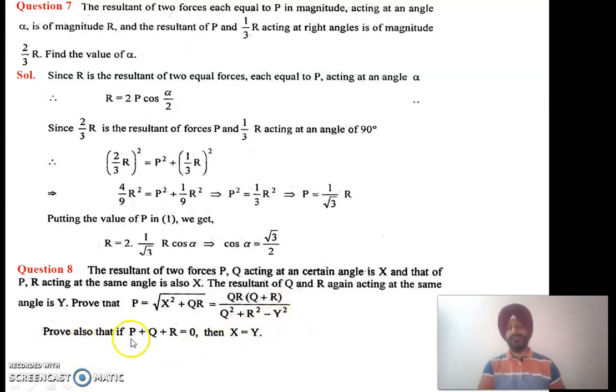Prove also that if P plus Q plus R is equal to 0, then X is equal to Y. So this question is important from examination point of view.